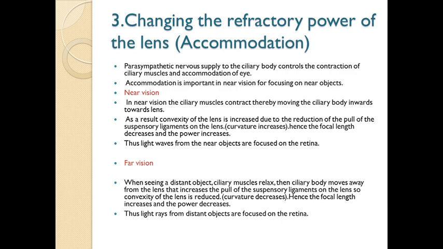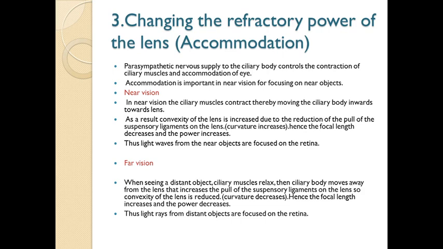So in near vision, the ciliary muscles contract, thereby moving the ciliary body inwards towards the lens. As a result, convexity of the lens is increased due to the reduction of the pull of the suspensory ligaments on the lens. So curvature increases, hence the focal length decreases and the power increases. Thus light waves from near objects are focused on the retina.